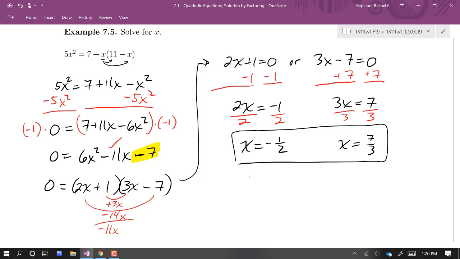I've got 3 more examples I want us to do. These are not in the packet, so I'm going to have an additional sheet.